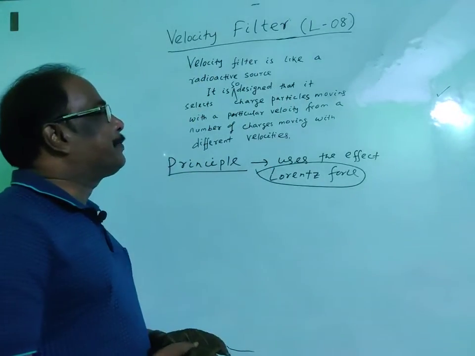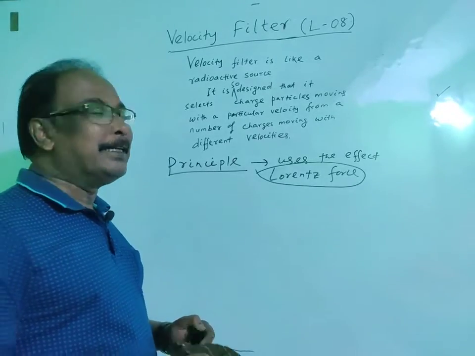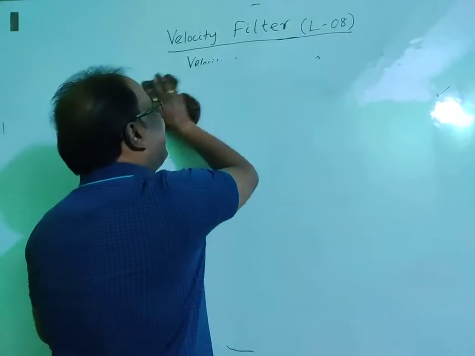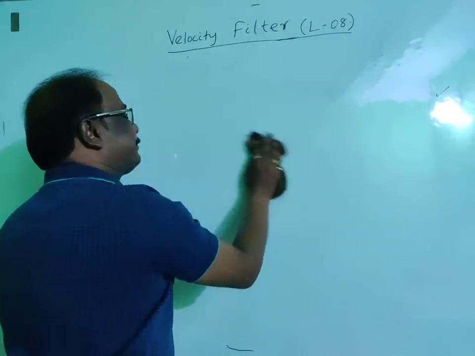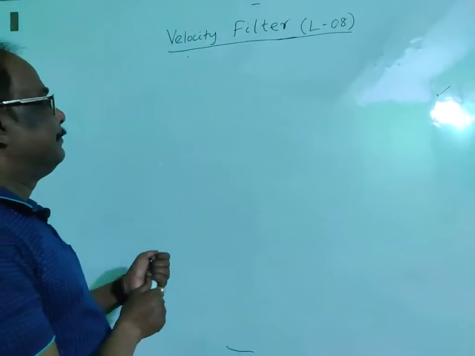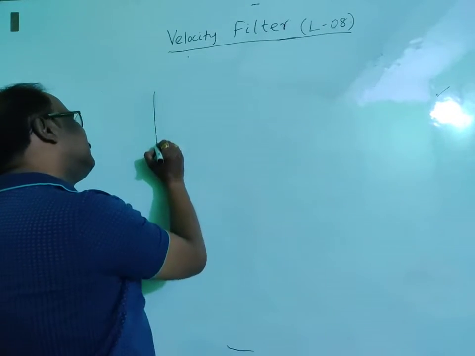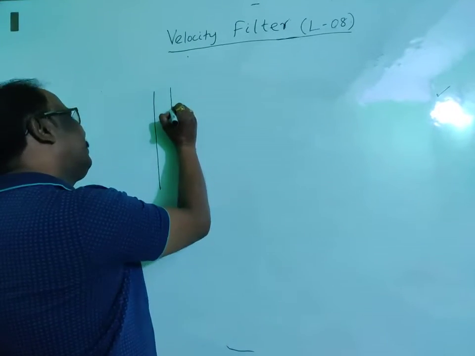Let's discuss the various factors in the velocity filter. Suppose we are considering a uniform electric field.